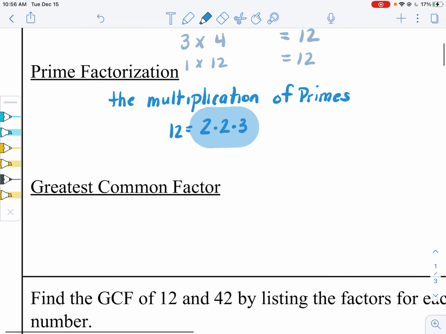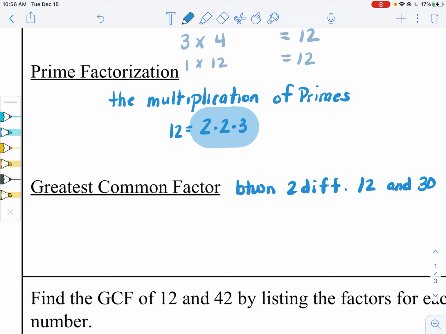The greatest common factor has to be between two different numbers. So if I had the numbers 12 and 30, we want to know which factor of 12 and 30 that's the same is the biggest one.